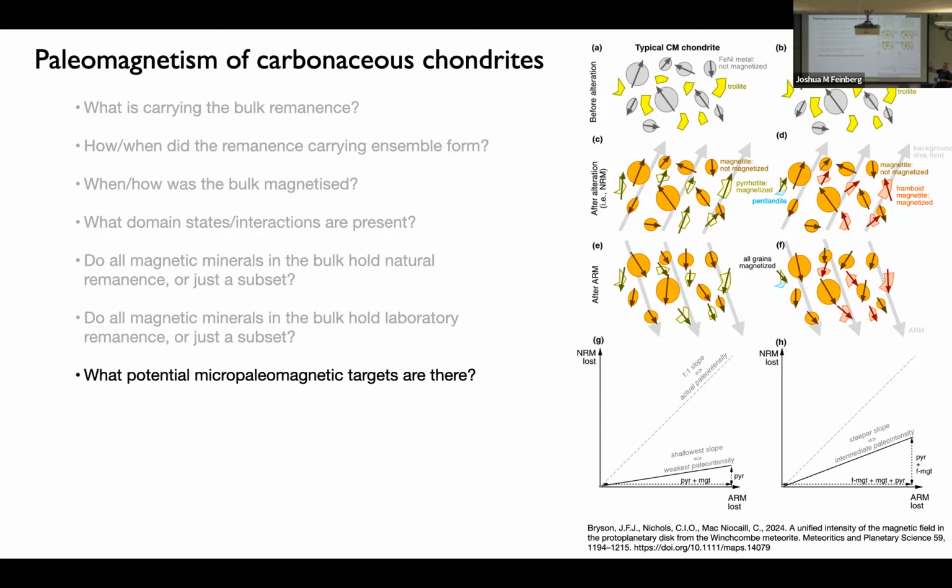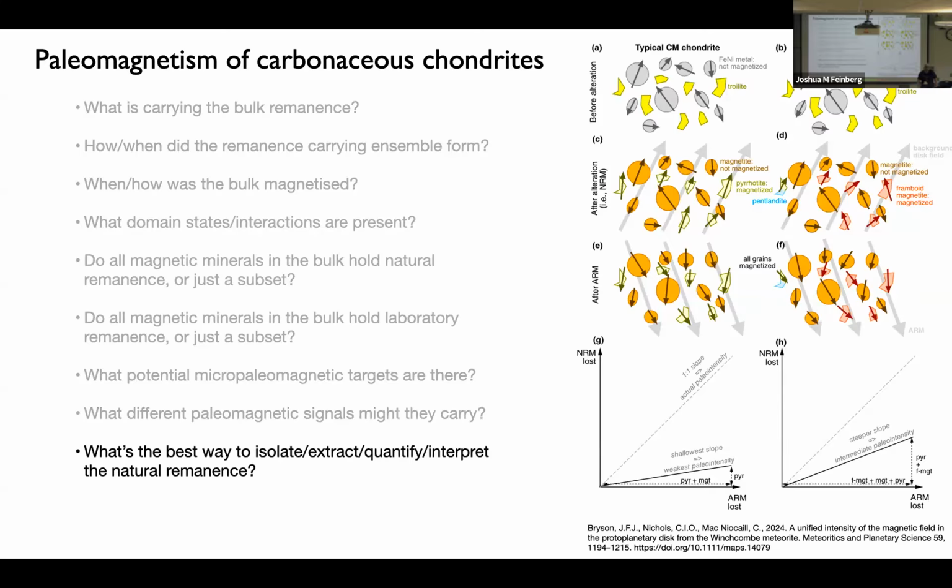Now, this is all about the bulk magnetization, but within there may be micropaleomagnetic targets that you can focus on at a small scale. So maybe you might focus on just the framboids and go, oh, what can we extract from those framboids individually, ignoring the bulk? So what paleomagnetic signals might those micro paleomagnetic targets carry, and how do we extract that? How do we interpret it?